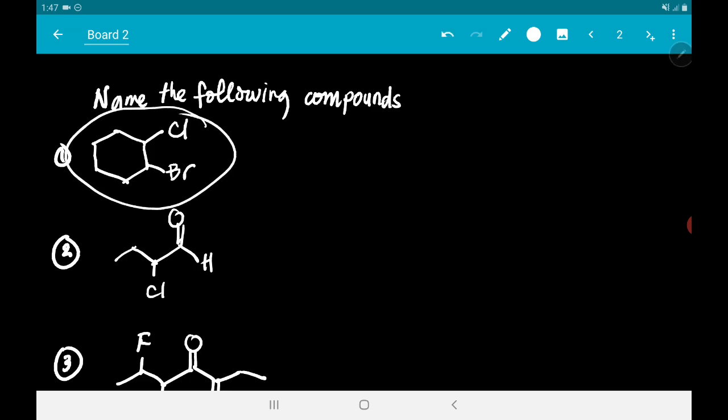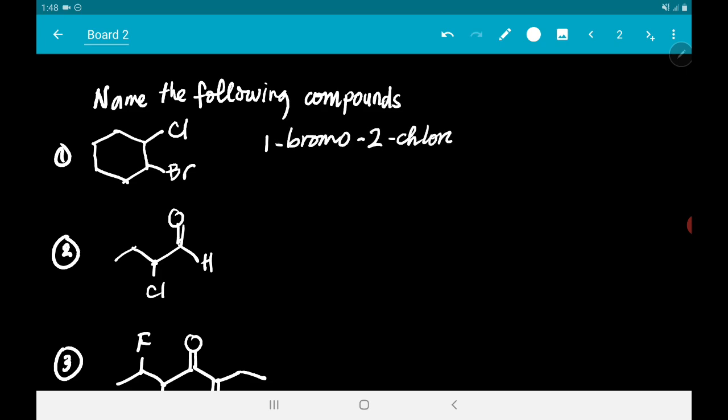Okay? So number 1. So that's 1-bromo-2-chlorocyclohexane, bromo first because letter B. Again, it's an alkane, a cycloalkane with chloro and bromo substituents. Okay. Number 2.